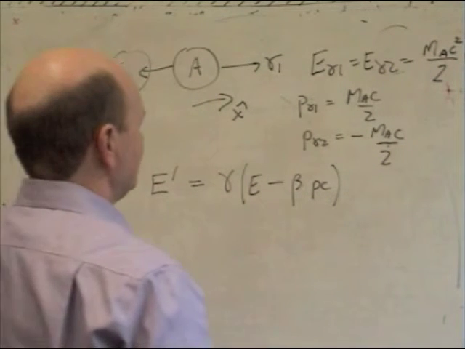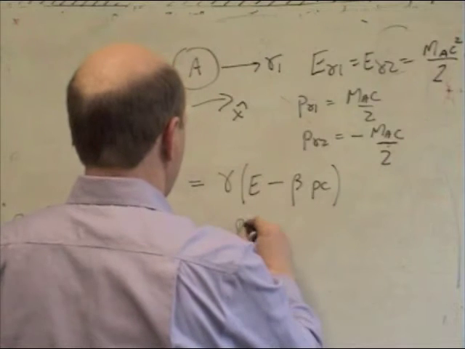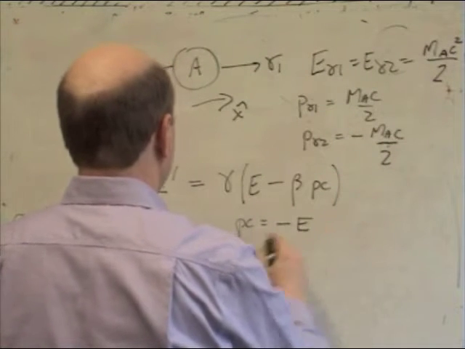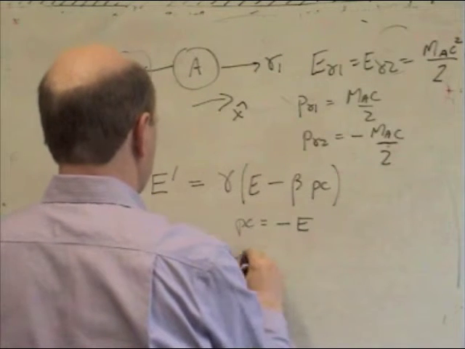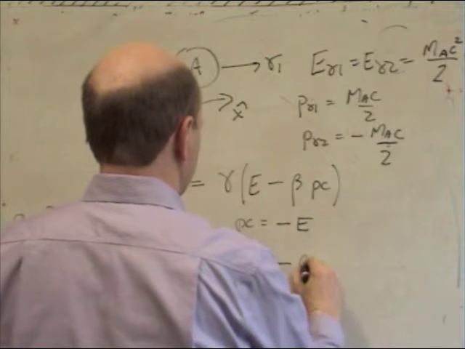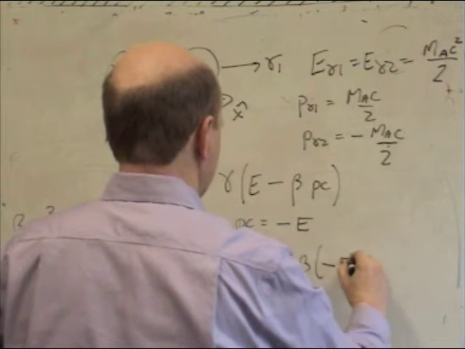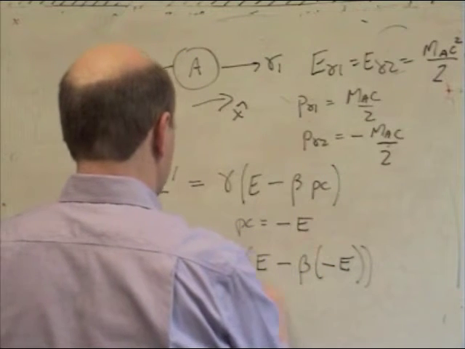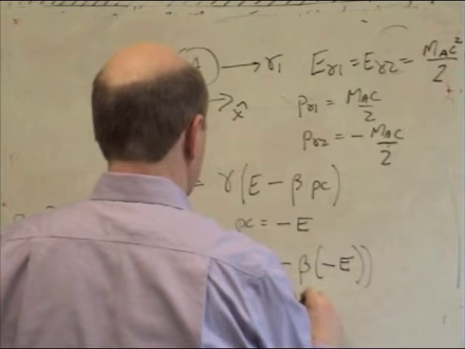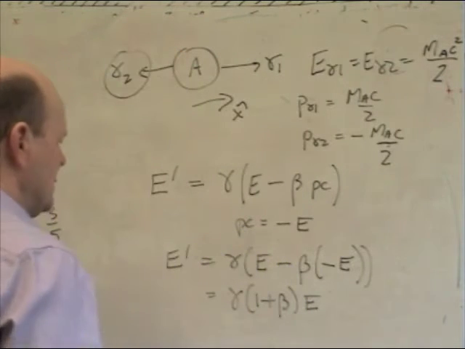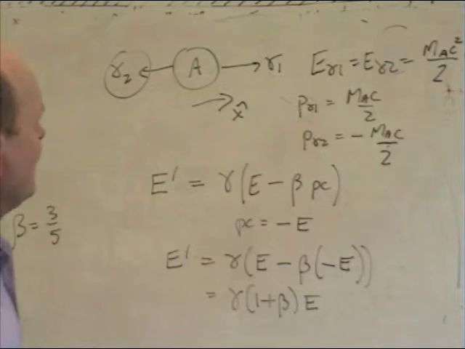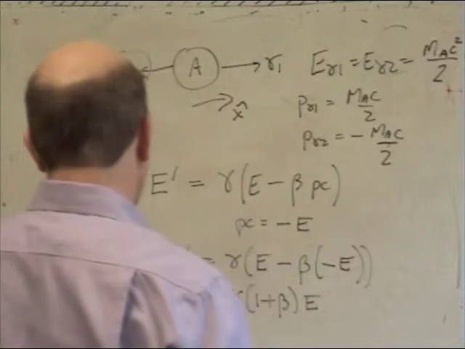Well, it turns out in this case PC equals minus E, so that in this case E primed equals gamma times E minus beta times minus E, or gamma times 1 plus beta times E. And we know that E equals MAC squared upon 2.